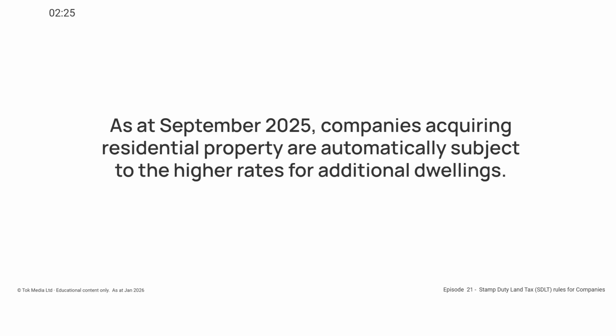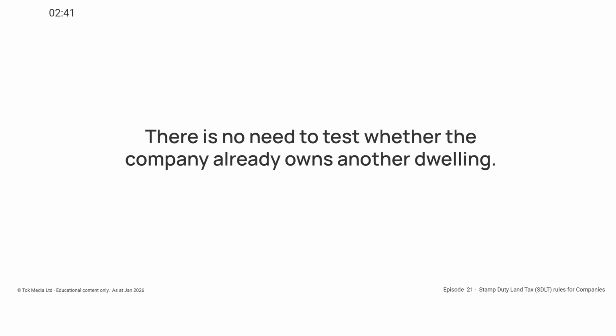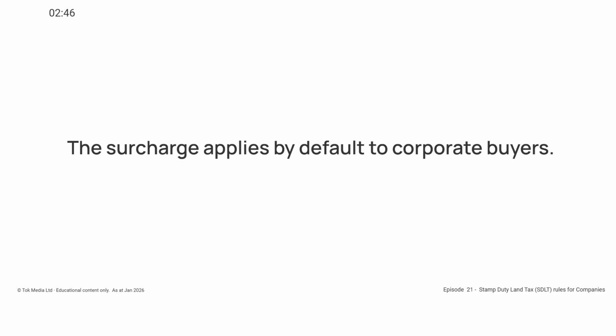As at September 2025, companies acquiring residential property are automatically subject to the higher rates for additional dwellings. This involves a 3% surcharge on top of the standard residential SDLT rates. There is no need to test whether the company already owns another dwelling. The surcharge applies by default to corporate buyers.